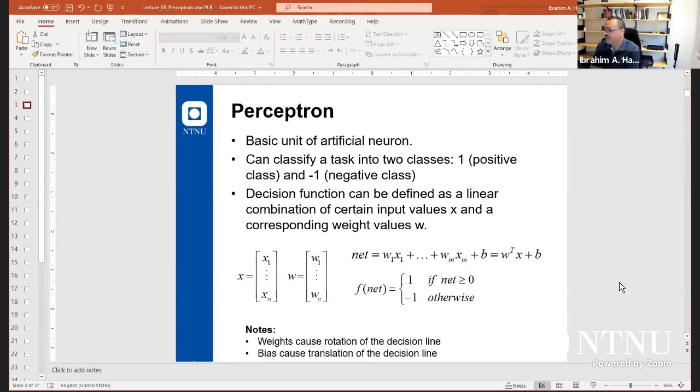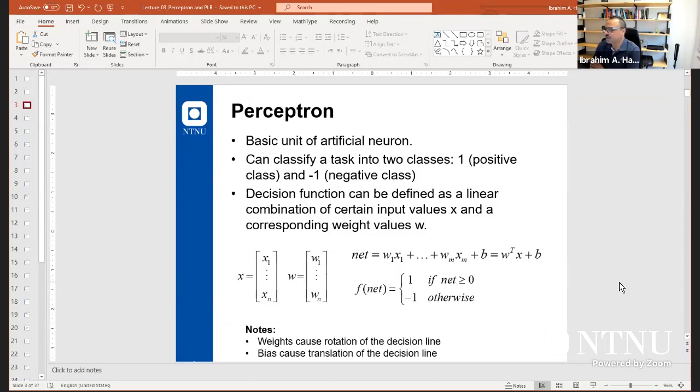And x, it's the features, correct? So we have some features x, and we selected weight values omega and the bias, correct? Using those omega and the bias, we can create a decision line. We will use this decision line for classification.